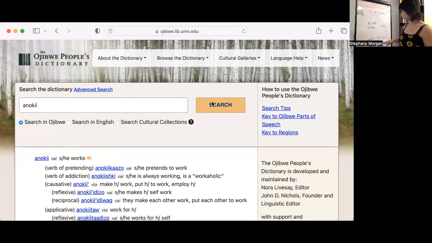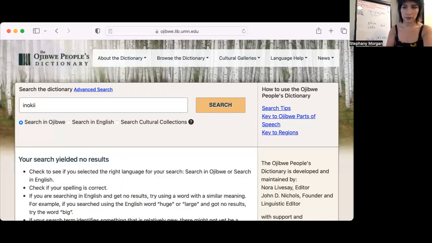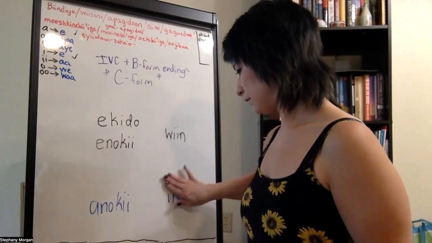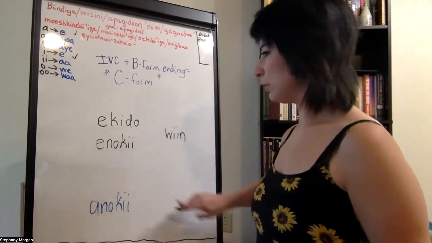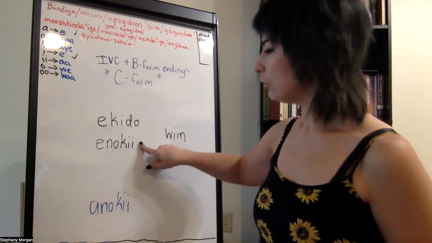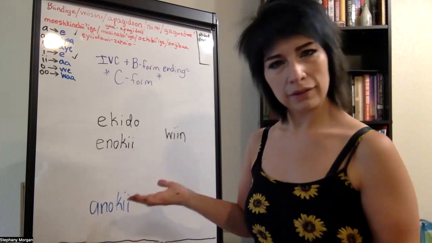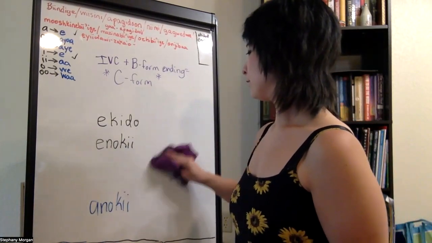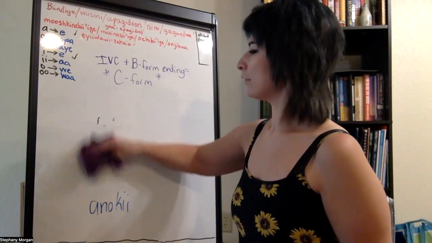Let's double check inoki, just to make sure. No, there is nothing in inoki. So our word anoki means he or she works. So we know that enoki meant the one who is working. And that's how you can go backwards to the root word with these words.